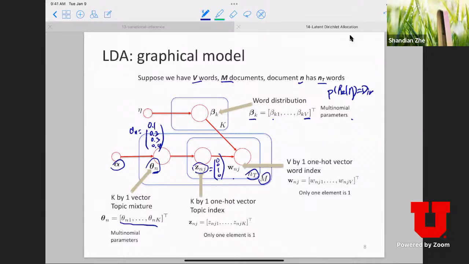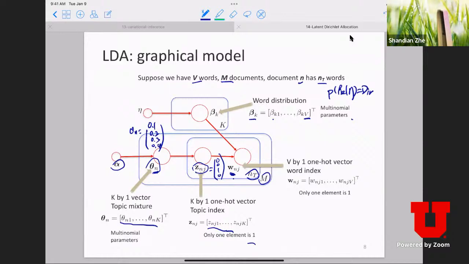Remember this is a one-hot vector topic index. There's only one element that is 1. Once you identify the particular topic the word j in document n belongs to, you can sample the word itself from the corresponding word distribution for that topic.